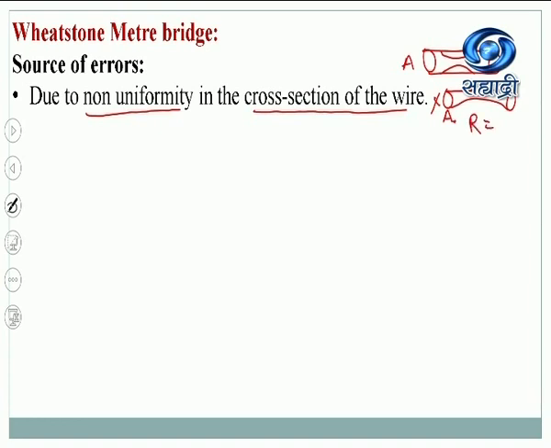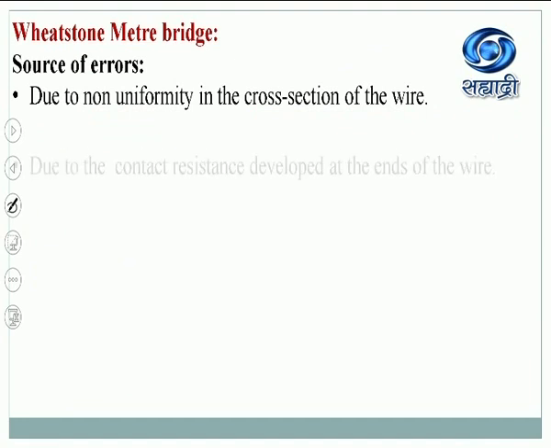Therefore, the relation R is equal to rho L by A, in which we have considered A constant, is not valid. So R proportional to L is not valid. If the wire is non-uniform, there will be error in the measurement of the unknown resistance in the circuit. So this is one source, the non-uniformity in the cross-sectional area of the wire.